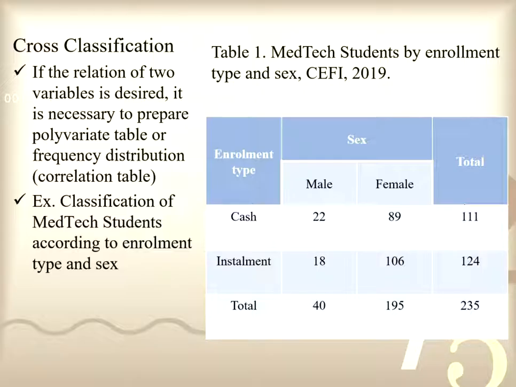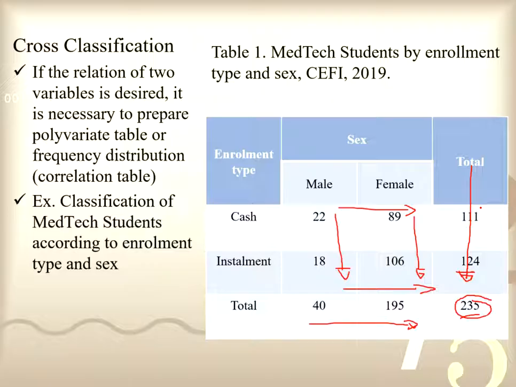Dapat, yung total nito ay equal dito. Total nito equal dito. Ito, total mo din dito. Same with dito. So, yung mga total niyan, dapat tally sa data na ibibigay sa inyo.